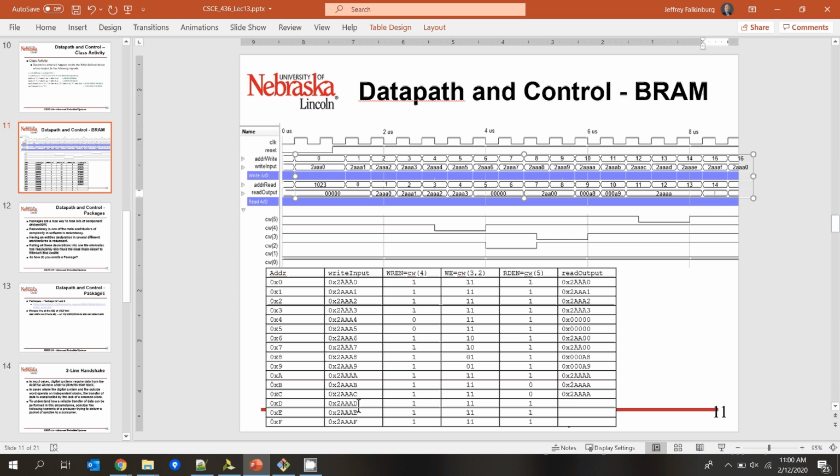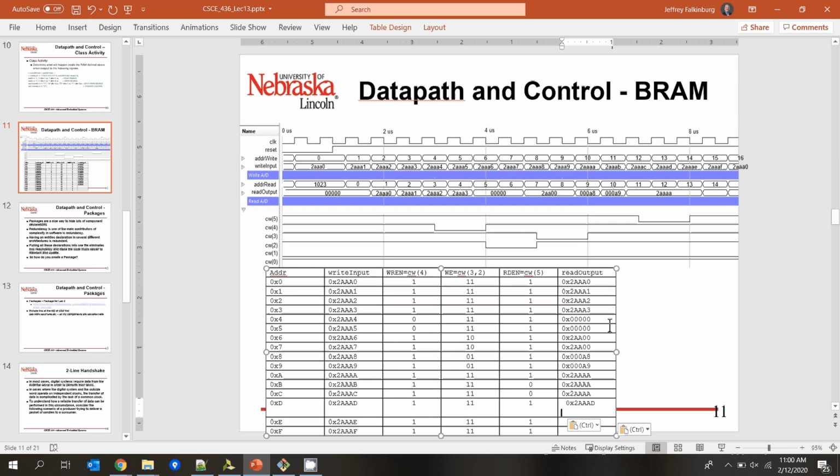The last one, or second to last one. So we got on line D, we're writing to AAAD. That value should get read out.